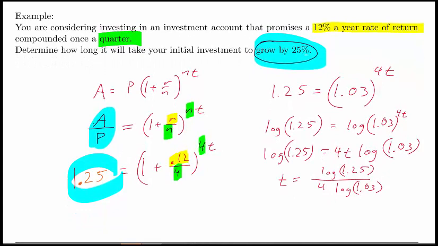Plug that into your calculator and you'll get a decimal approximation of 1.88 years. Now note that lands in between one of the quarters. So in this kind of situation, if you wanted to pull your money out, a lot of times they might prorate the interest that would have been earned. That's usually kind of the standard practice.